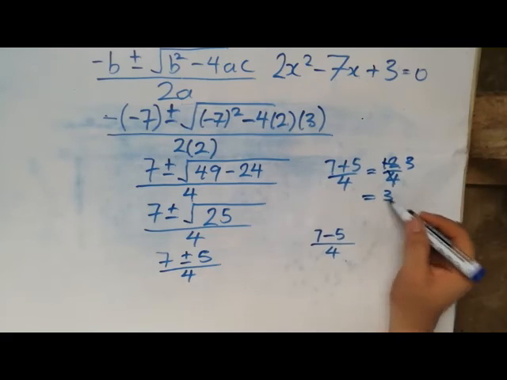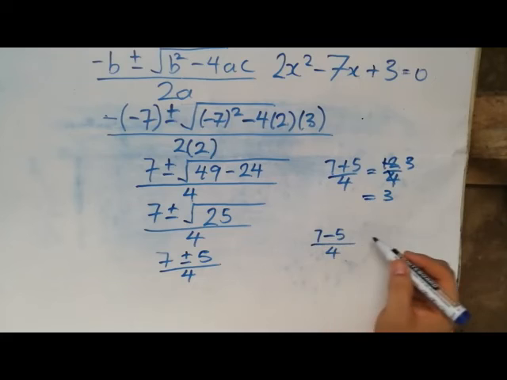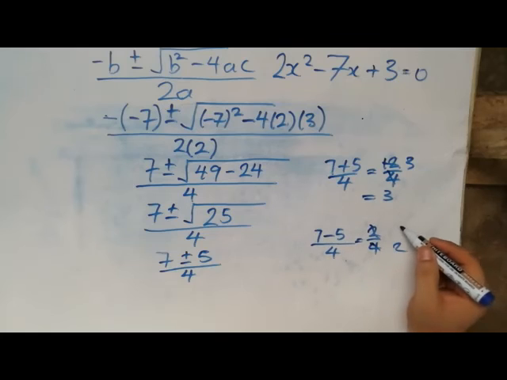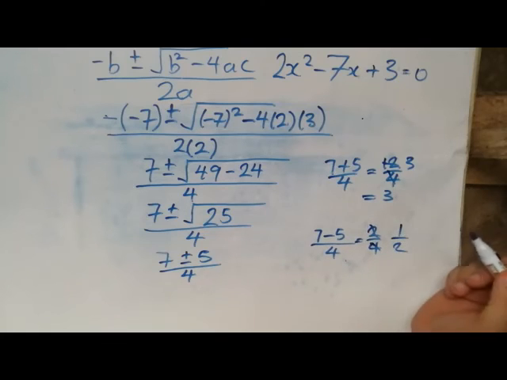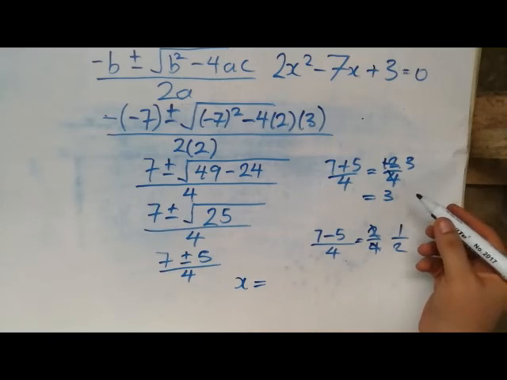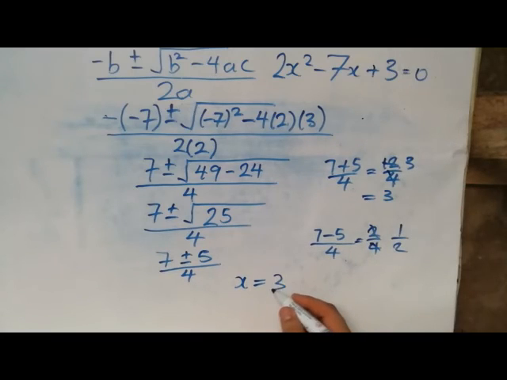This is equal to 3. 7 minus 5 is 2 over 4. 2 into 4 is 2. 2 into 2 is 1. So we have 1 over 2. So in this equation, our x is equal to 3 or 1 over 2. That is the final answer.